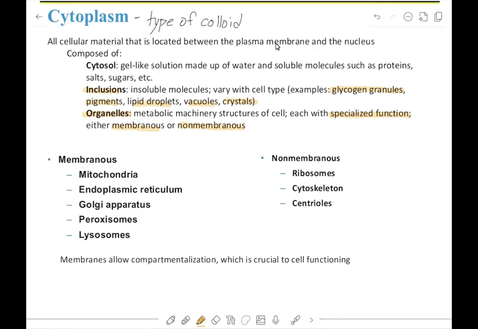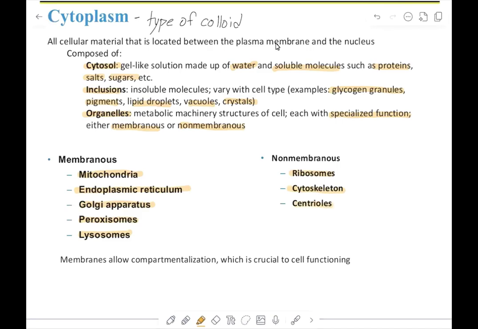The liquid part is the cytosol, which is the gel-like solution made up of water and soluble molecules like proteins, salts, and sugars. The membranous structures found within the cell are mitochondria, endoplasmic reticulum, Golgi apparatus, peroxisomes, and lysosomes. Non-membranous structures are things like ribosomes, the cytoskeleton, and the centriole.